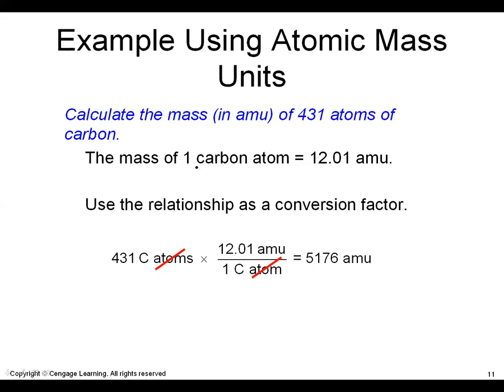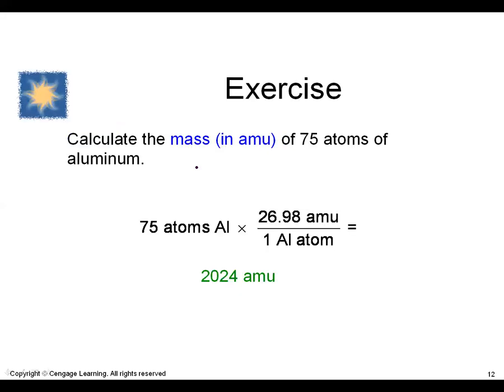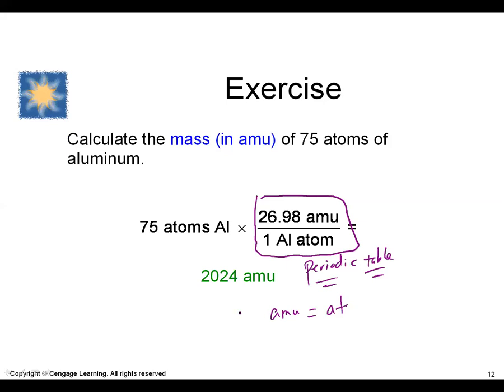All right. And I'm just going to skip through these. We're not going to worry too much about them, but they're basically just very simple conversions here. If we want to know the atomic mass of 75 atoms, for example, of aluminum, this would be found from the periodic table. And one way that you could use that number from the periodic table is how many AMUs there are in an atom of that particular element. So if you looked at aluminum, it would be 26.98 AMU in an atom.